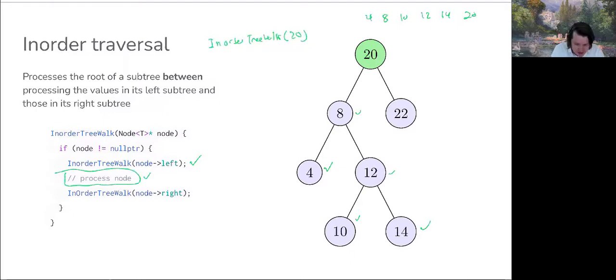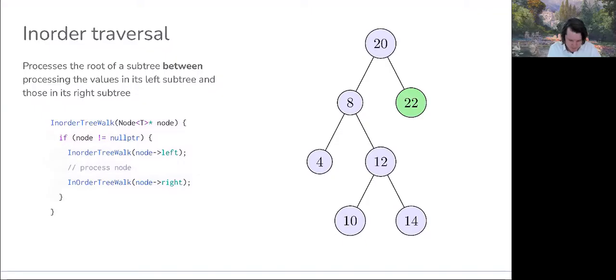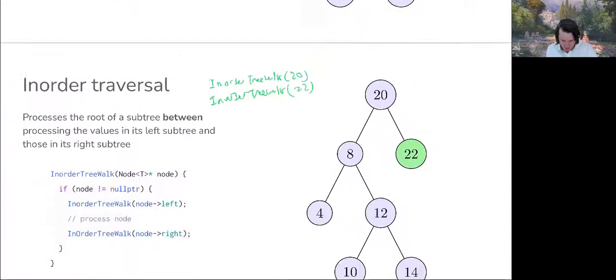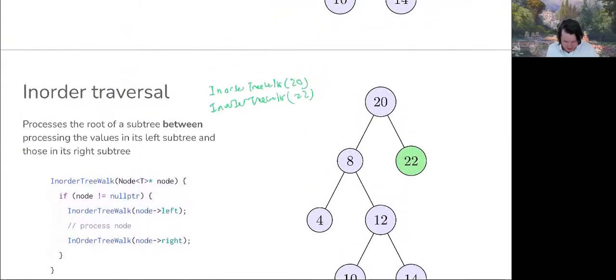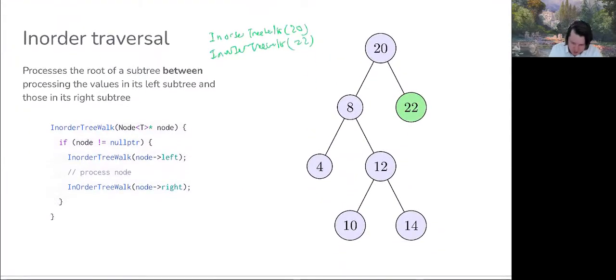After we've processed the root, guess which way we're going? Inorder tree walk to that node, so 22. So first thing we're going to do, I guess I missed one little red node here, but okay, we visited 22.